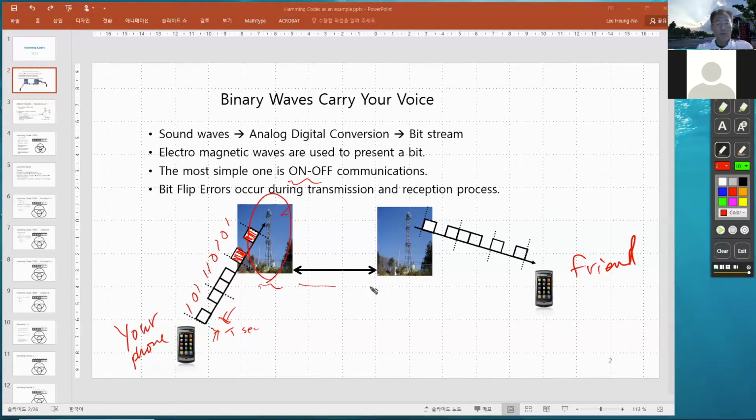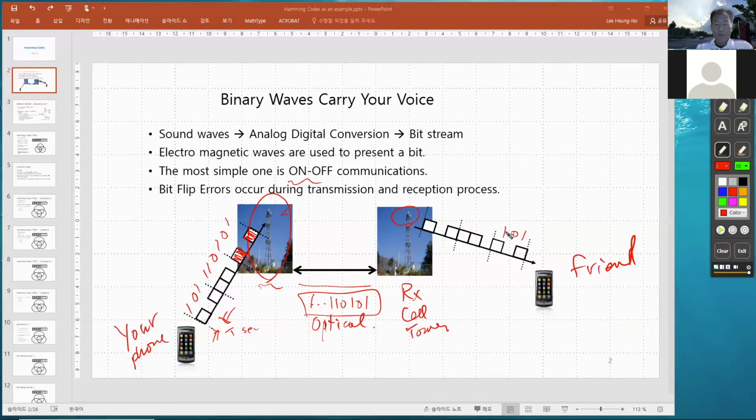And then it reproduces it. So here 1, 0, 1, 0, 1, 1, and so on through the optical cable. And at the receiving cell tower, it regenerates this bit stream, and then using the antenna, it transmits these bit streams.